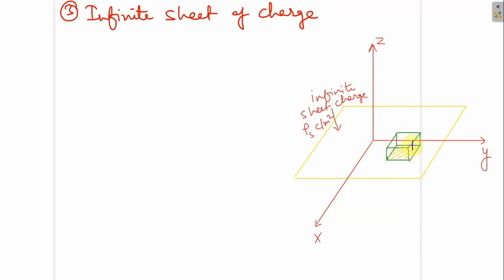So to cover this sheet from top and bottom, what kind of Gaussian surface do we have to assume? Obviously, to cover this shaded portion, you will have to assume one box, a cuboid, at the top and one cuboid at the bottom also. So we are considering one box at the bottom also to cover this portion.